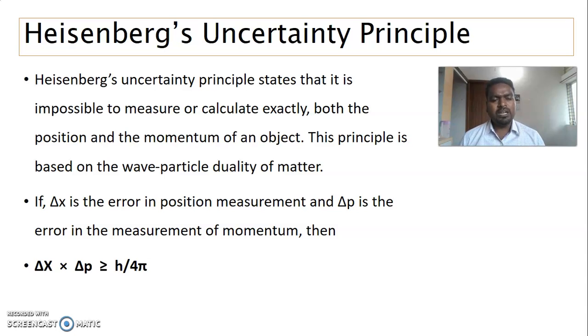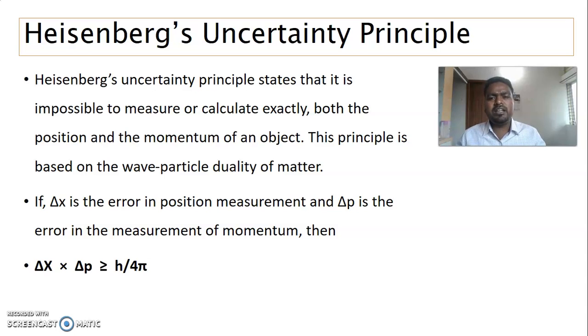But the dual nature of light and other theory says that it does not have a particular path. Instead, it has some specific region in which the probability of finding the electron is maximum. So this Heisenberg uncertainty principle is mainly going to predict the position of an electron around the nucleus.